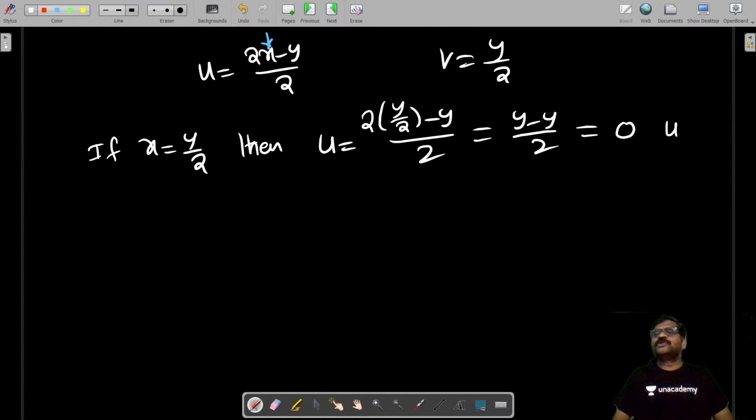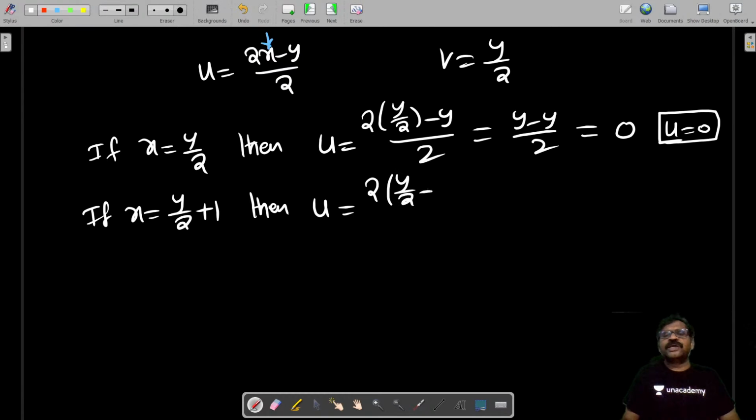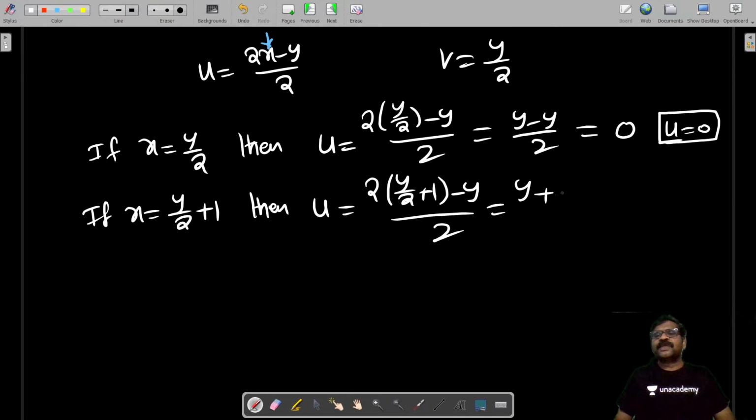So u equal to 0. Next, if x equal to y by 2 plus 1, then u is 2 into y by 2 plus 1 minus y by 2. 2y by 2 is y plus 2 minus y by 2. Y cancels, 2 by 2 is 1. Therefore, u equal to 1.